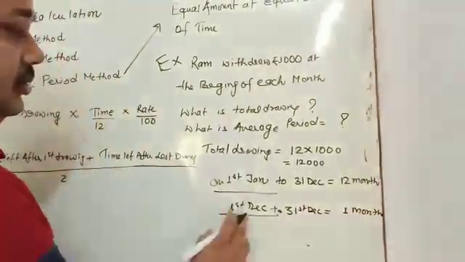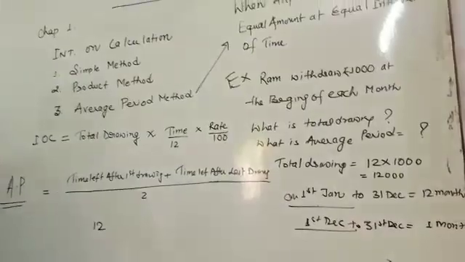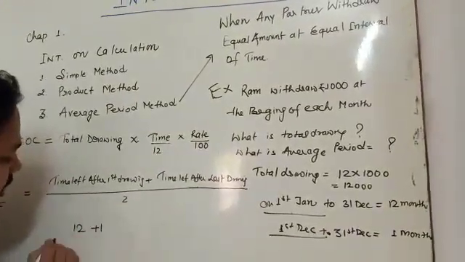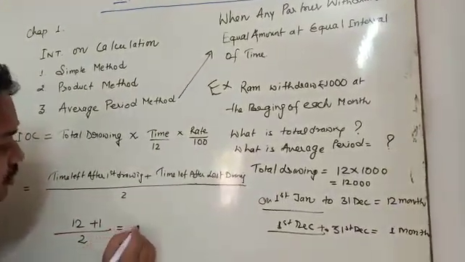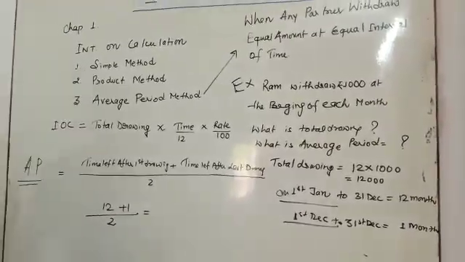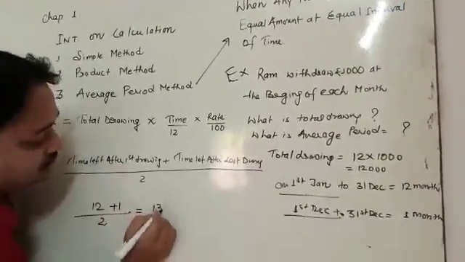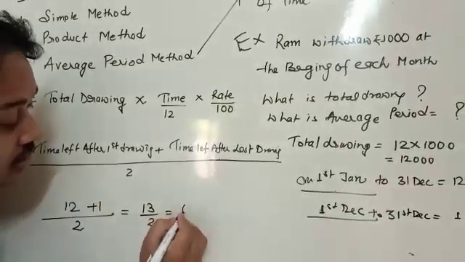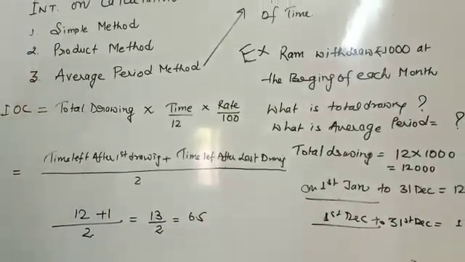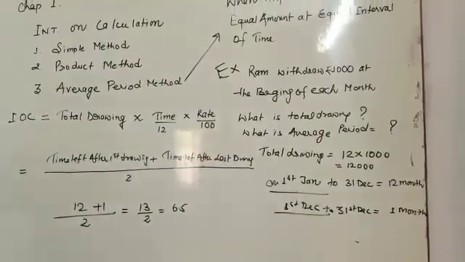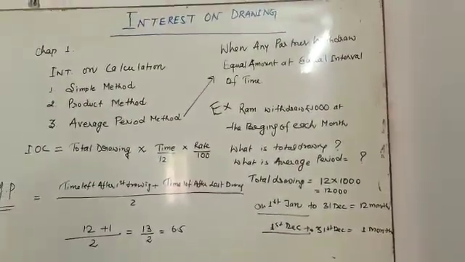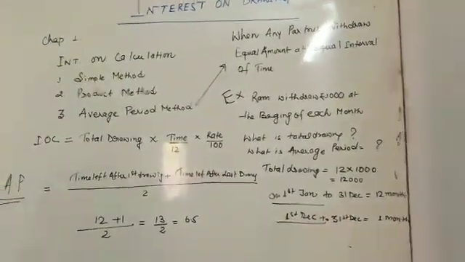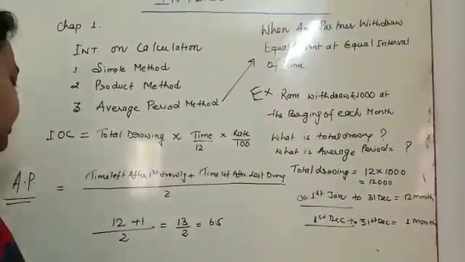You will put it here. 12 plus 1 is equal to 13, by 2. 13 by 2 is equal to 6.5. My dear student, this is our formula by which you calculate average period.